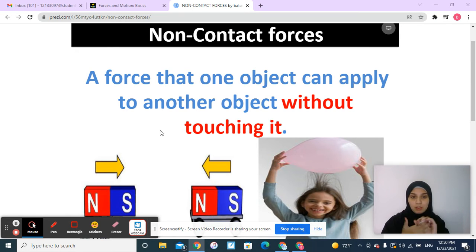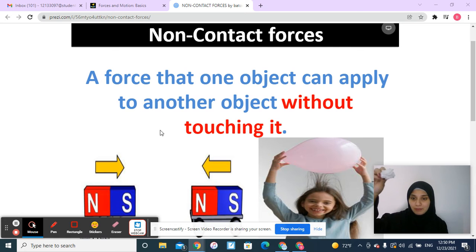Now, what if, girls, look at this? So this is a tissue, okay? I'm just touching the tissue and I leave it. Okay, it's pulled, it's attracted. If there were no force made upon it, then it would stay at rest, hanging in the air.